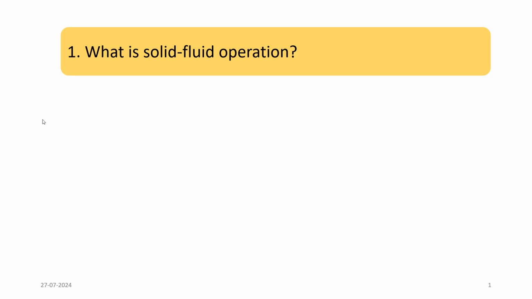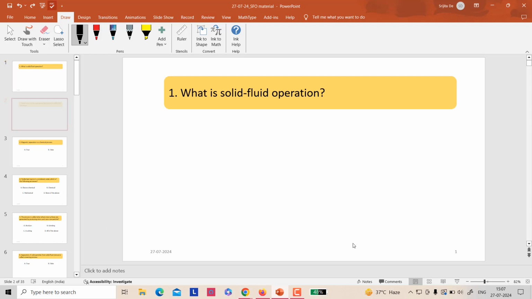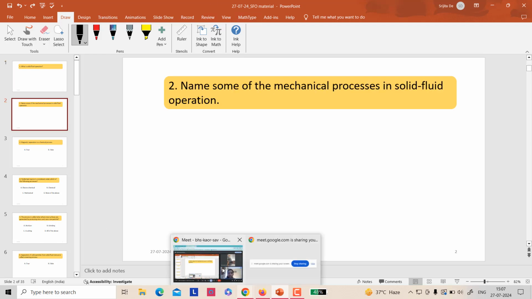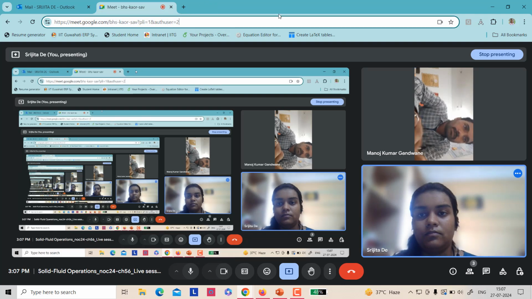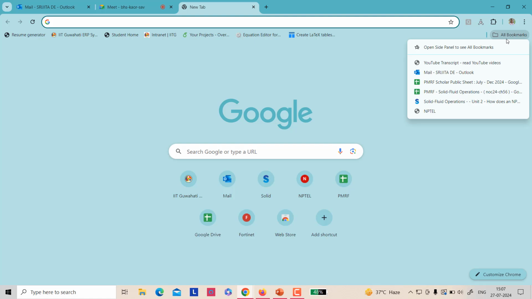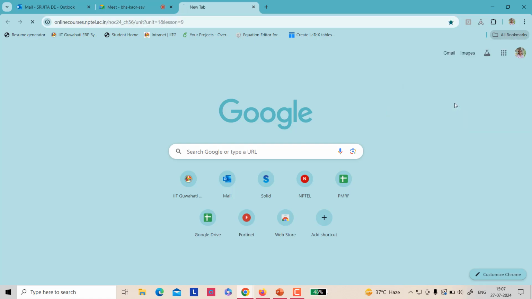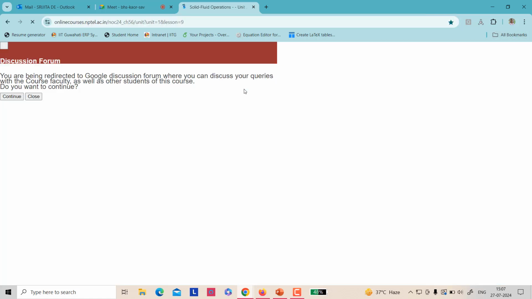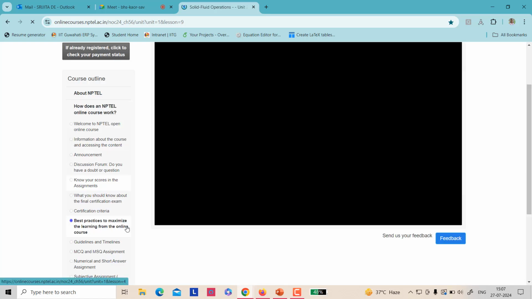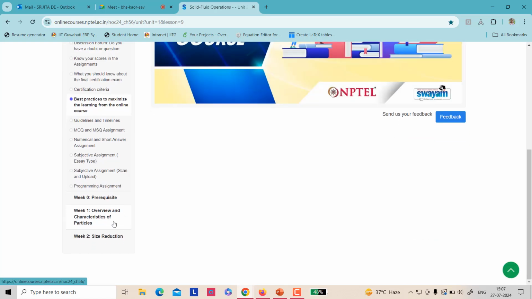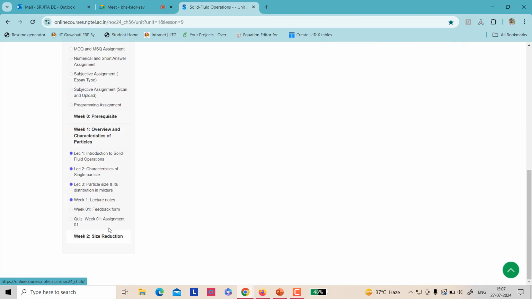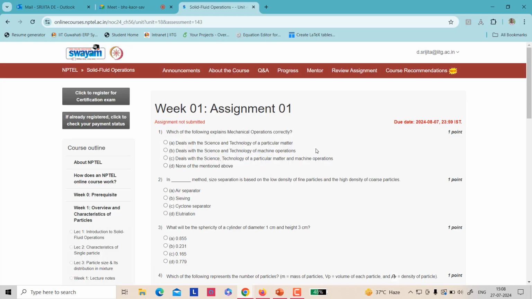Ma'am, my first doubt is about the assignment. Tell me the assignment. Ma'am, in particle analysis, the following result: the mass of particles in grams is 2, 5, 7, 4, 1, and the mean size of particles in micrometers is 350, 240, 200, 150 and 100.